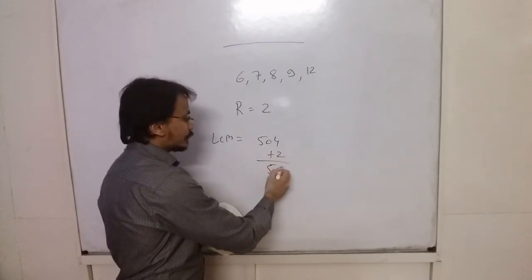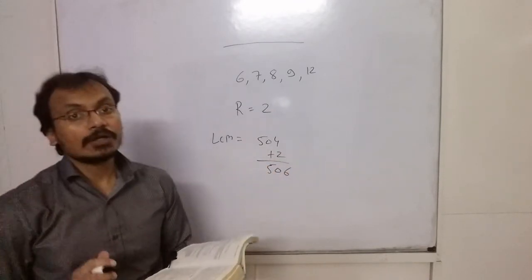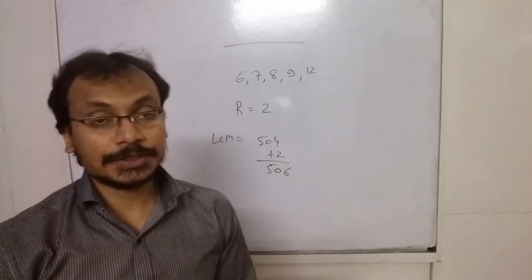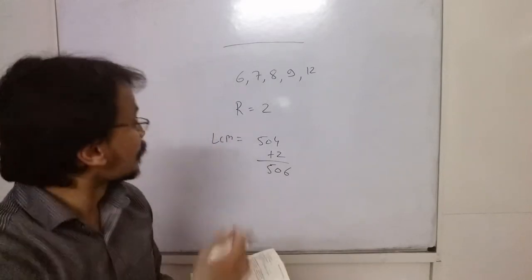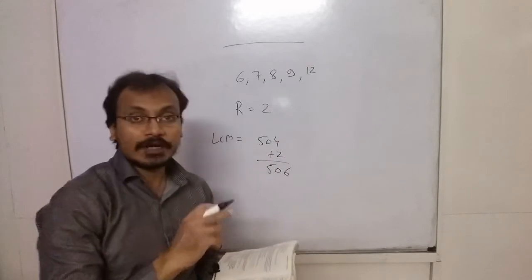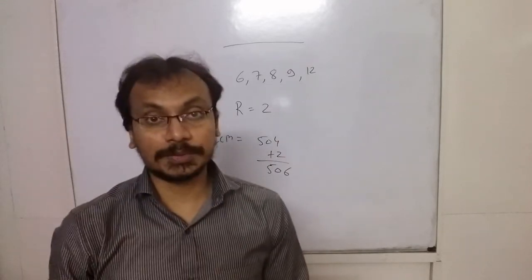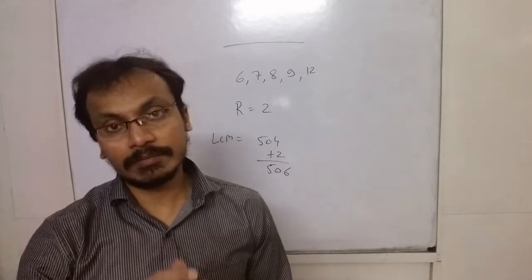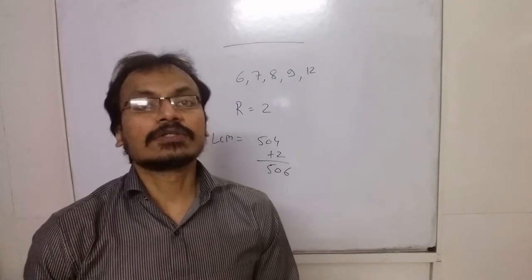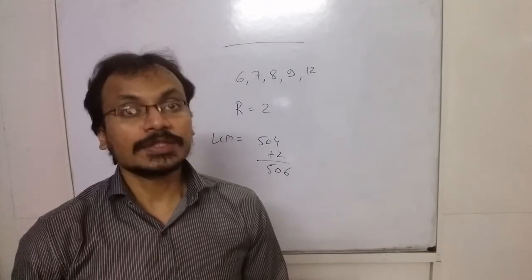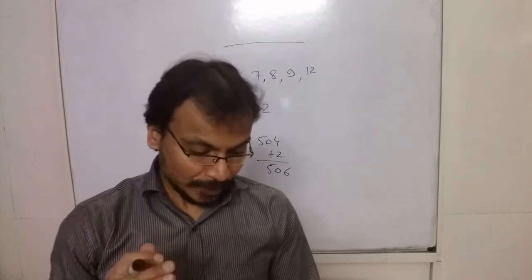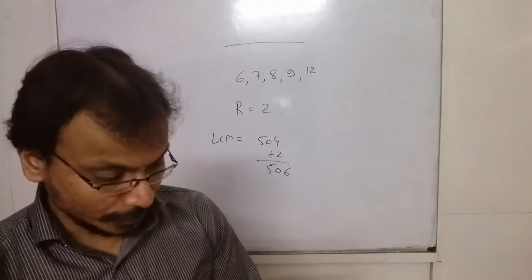So 506 is the number which you are looking for. In many examinations we have seen that they have given both 504 and 506 in the options. If you just calculate the LCM and mark 504 as the answer, that is going to be a wrong answer, because they are asking for a remainder. So this is how you can solve it.